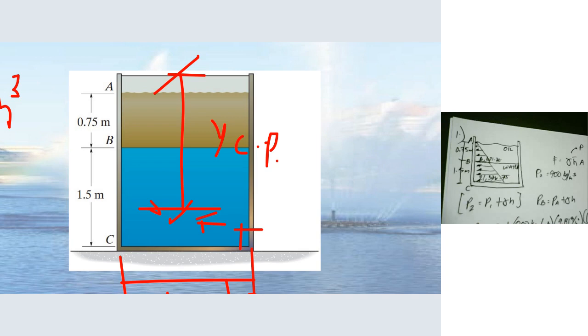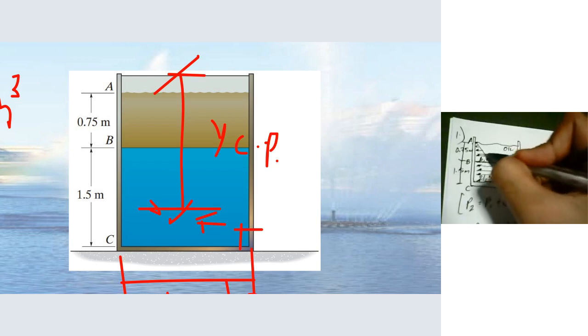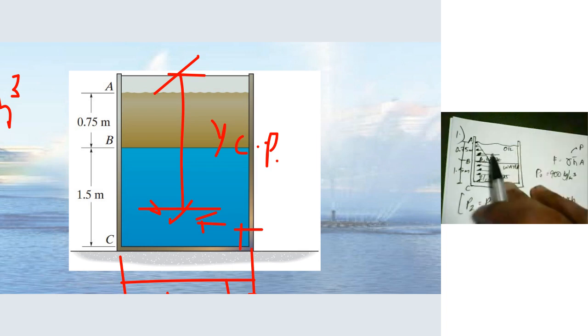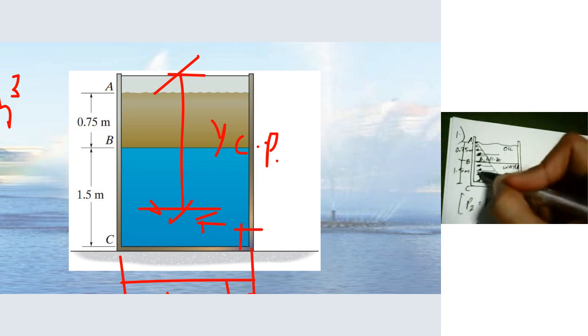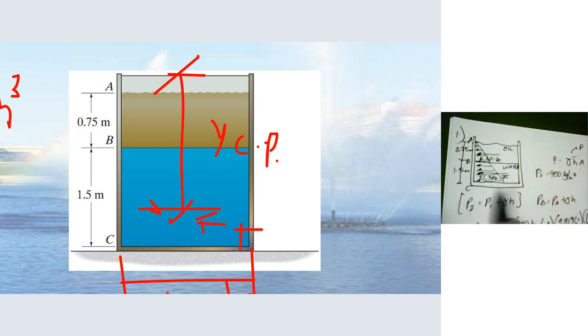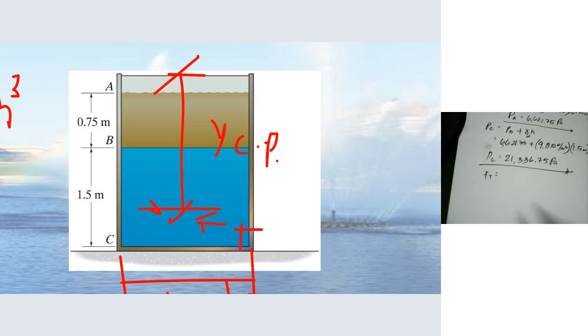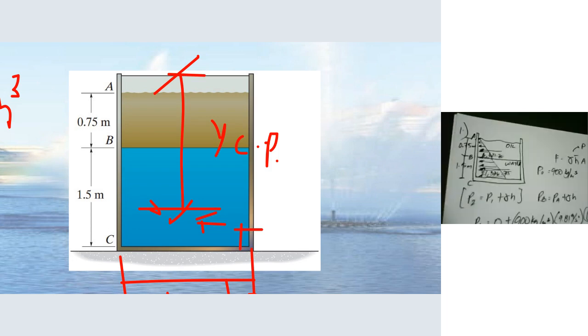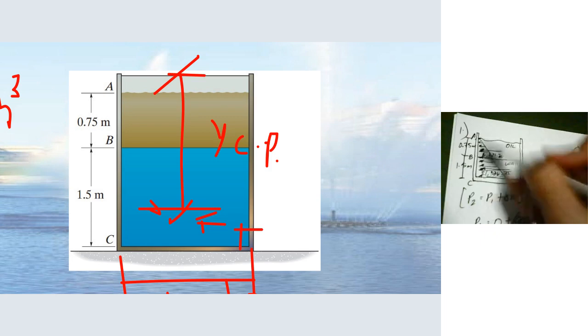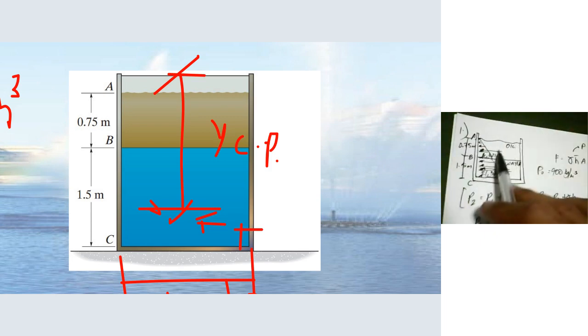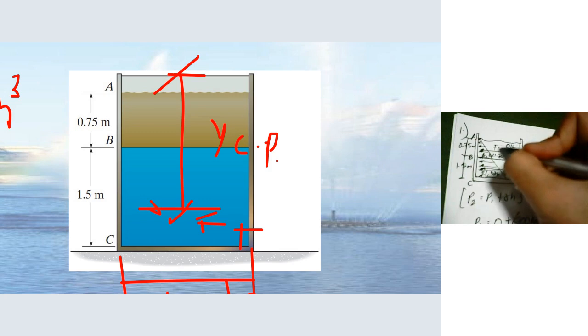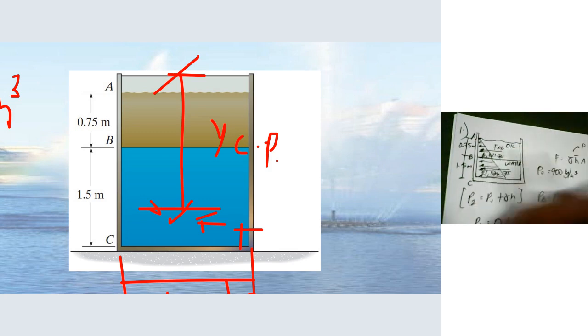Now, yung gusto nating malaman is yung magnitude ni force. Dalawa silang magkaibang fluid. So, para makuha natin si F sub T or yung total force na nag-act sa surface ABC, we have to independently get the force at AB and force at BC.